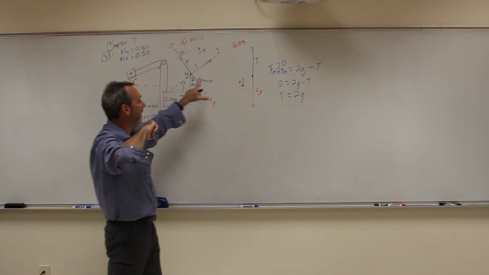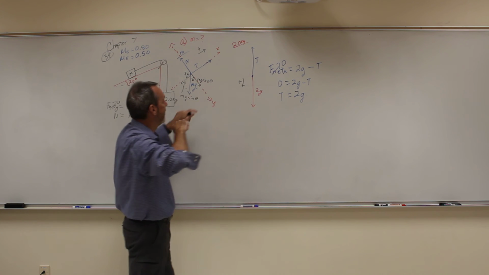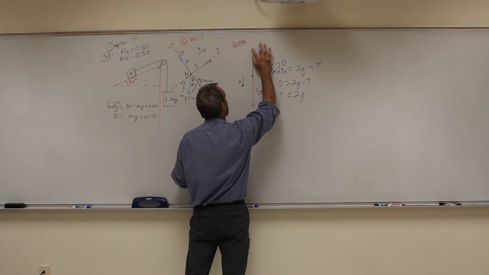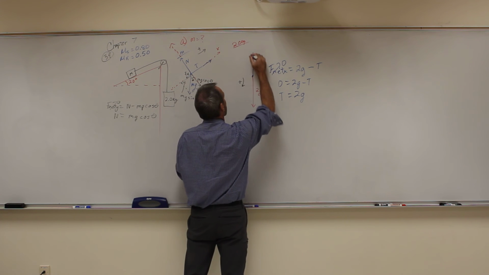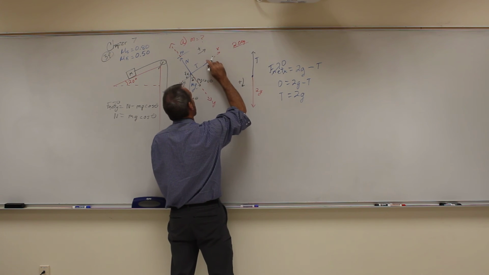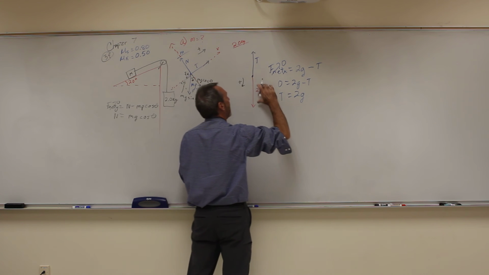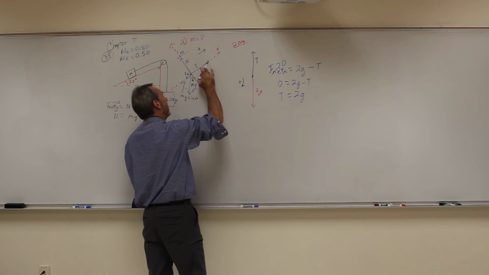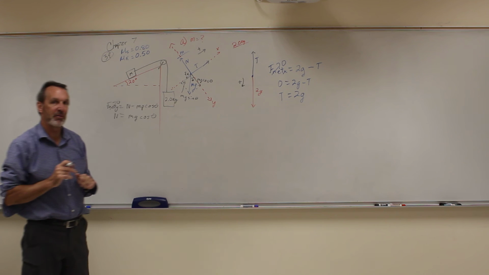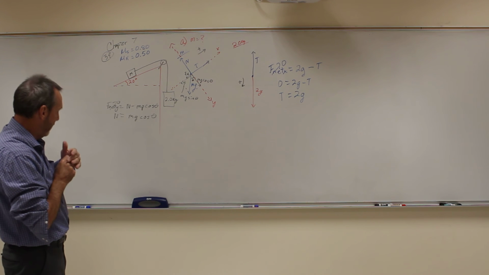Okay? So free body diagram, what happens is this stays the same, but this reduces. Tension reduces. And so this is bigger than this. This starts to accelerate. This is still bigger than those two. They both are accelerating. All right.